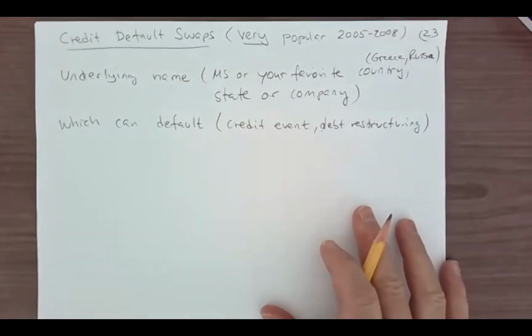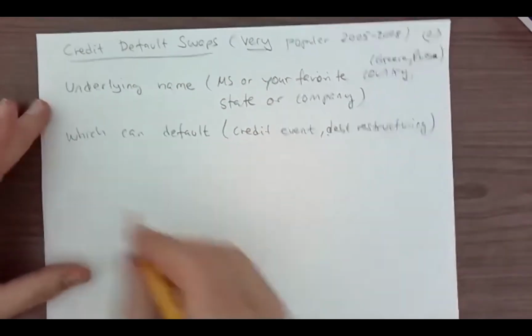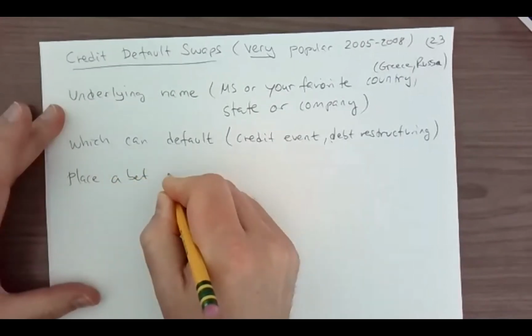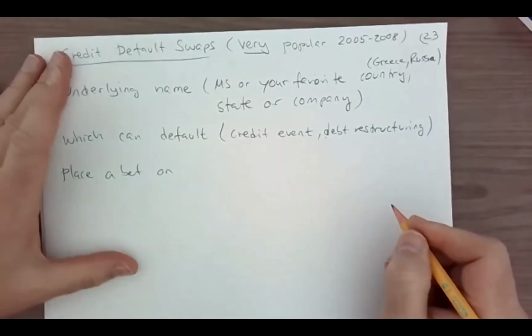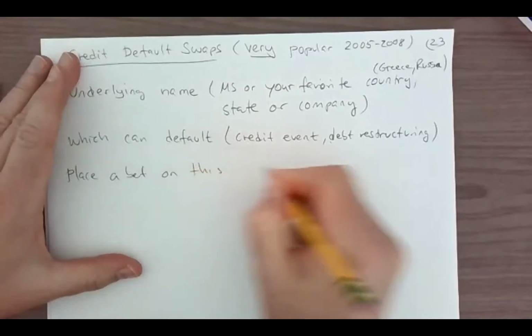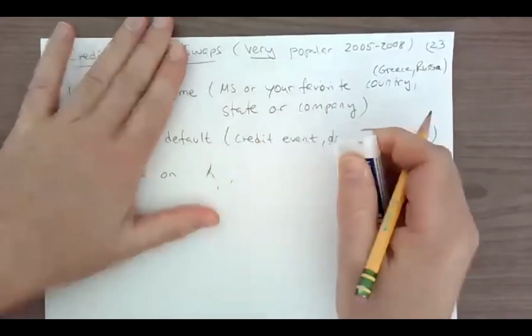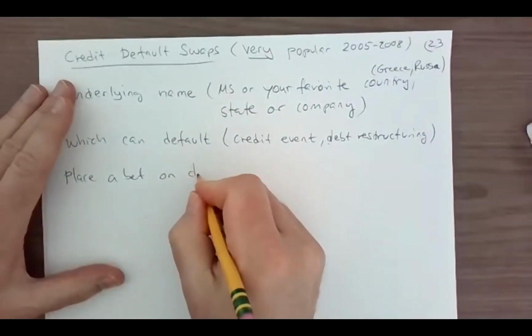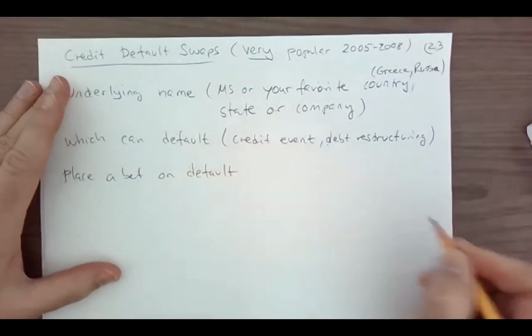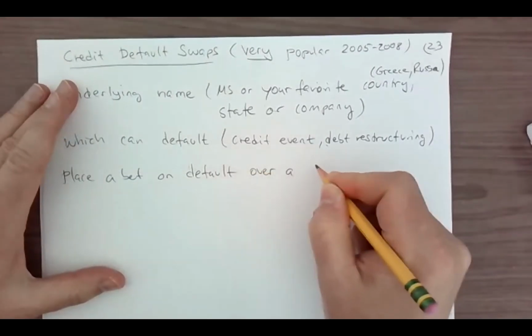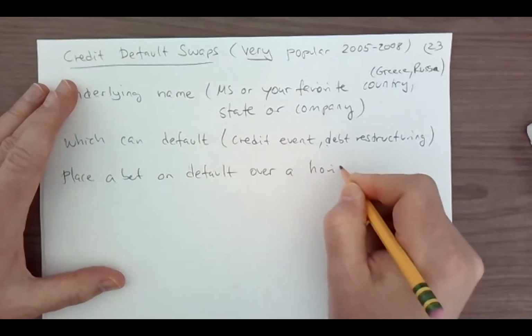So we have an underlying name, it can default. Okay, so then you place a bet on default over a horizon.